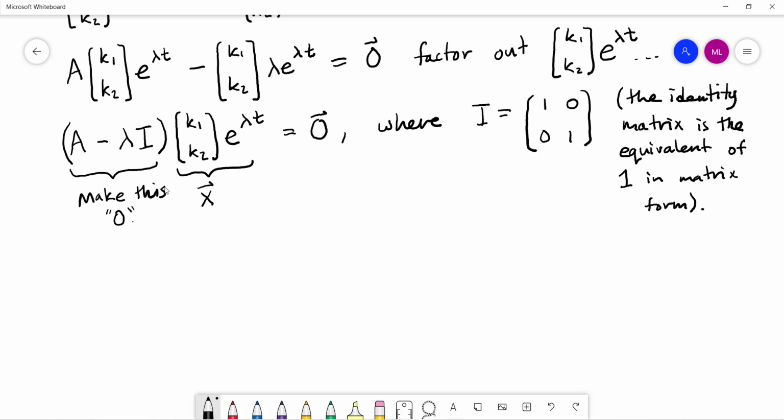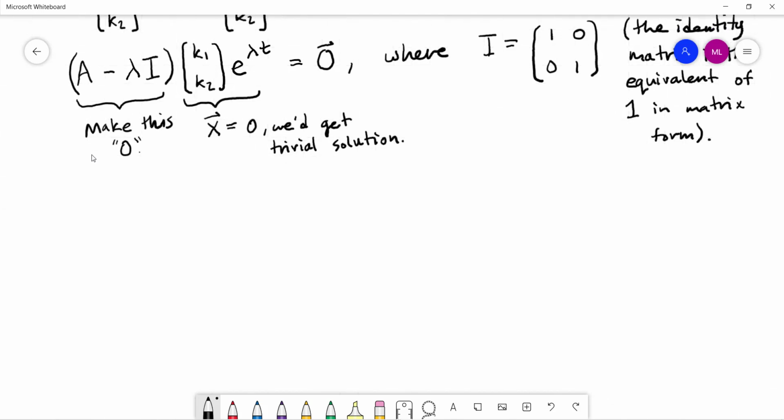Again, alternatively, we could have made this part be 0. If this part was 0, we'd get the trivial solution, and that's not what we want. So we want the interesting solution, so instead of this part being 0, this is the part that we need to make 0.